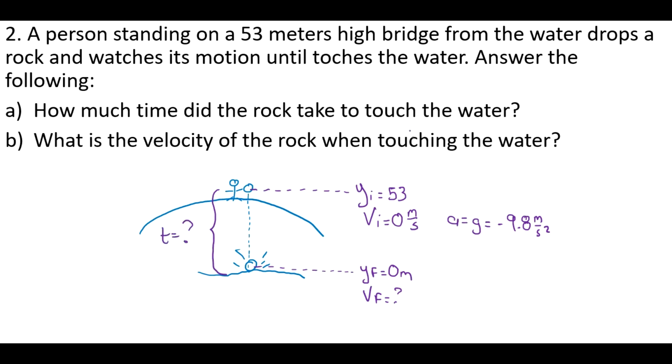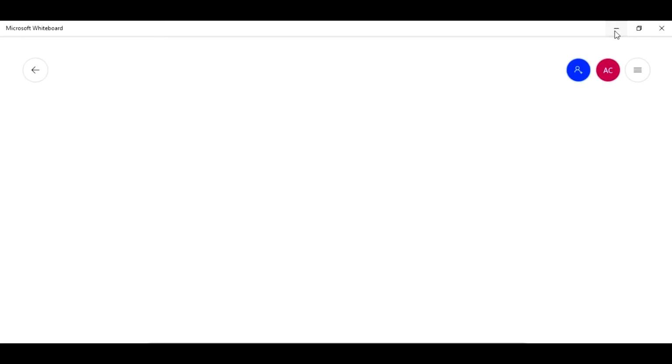Remember that this is a free fall problem because it says a person drops. That means that this person let the rock go. So let's write the data first.